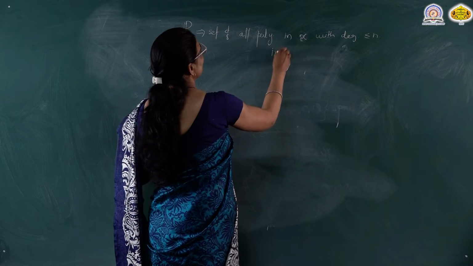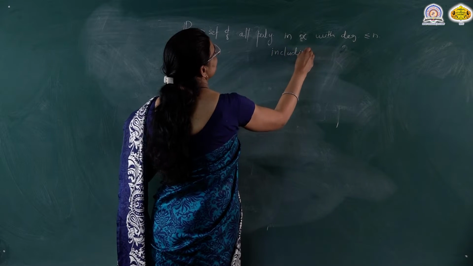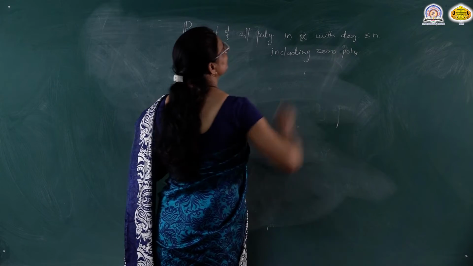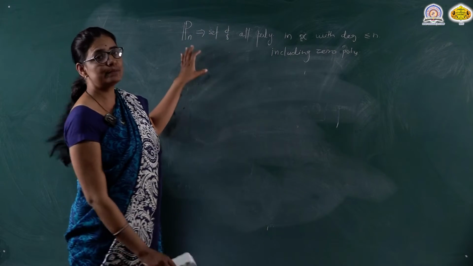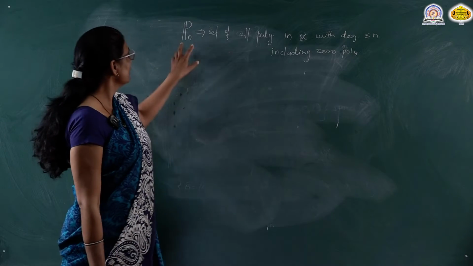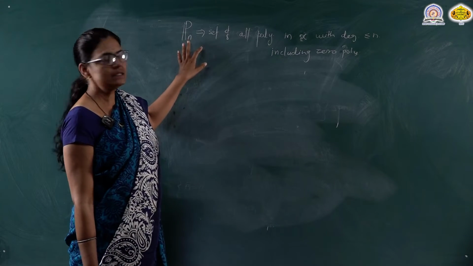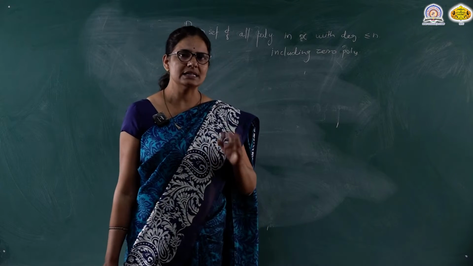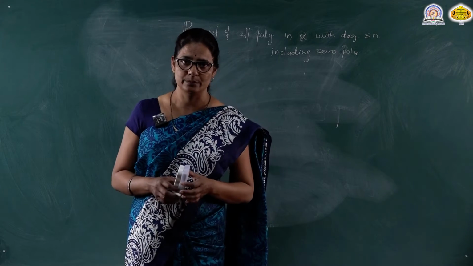We include the 0 polynomial also here. So we know that this is a vector space with respect to addition and scalar multiplication of polynomials. Again see, Pn is a vector space. It is the set of all polynomials in single variable with the degree less than or equal to n, including 0 polynomial.